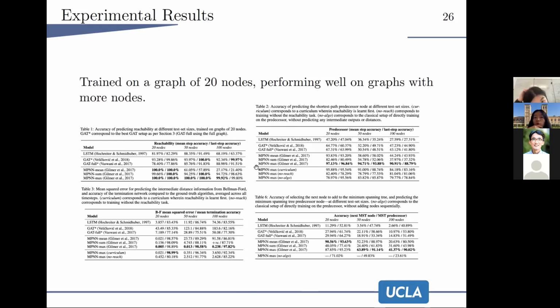I have a question here. When they show the performance, do they train on the algorithm and test on the same algorithm? For example, reachability. Do they train on reachability and test on reachability?